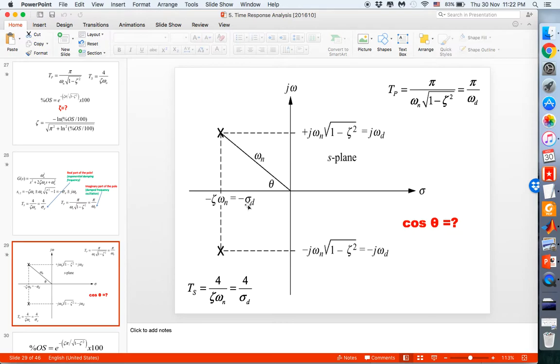And we have sigma d, which is the real value of the closed loop poles. So we have Tp and we have omega d. We specified Tp equals 3 seconds, so we can find our omega d.